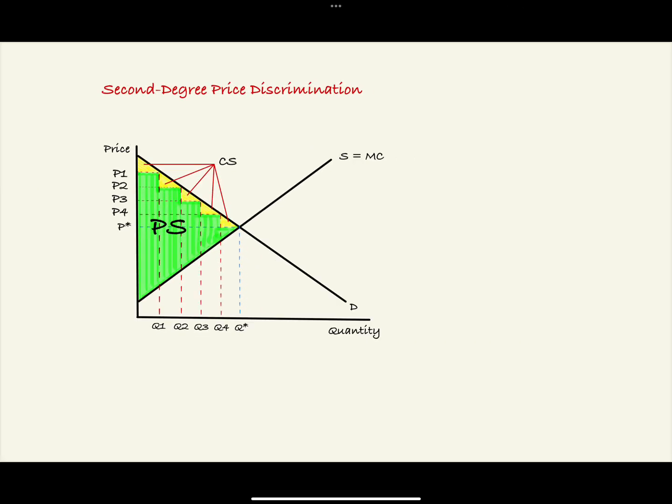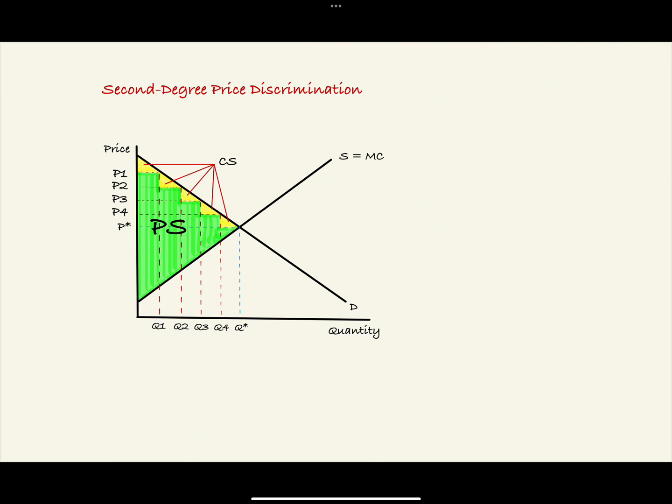Now let's take a look at second-degree price discrimination. Remember that second-degree price discrimination is when the producer charges the consumer a different price based on the quantity that the consumer buys. We can see in the graph below that when the consumer demands Q1, they are charged a price of P1.